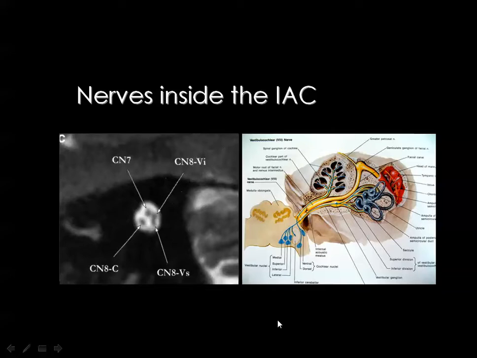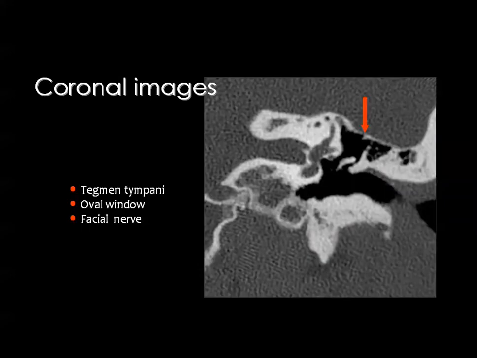In order to see the nerves inside the internal auditory canal, you should have the sagittal T2 weighted image for MRI. Then I have said that we should have axial and coronal images. The coronal images are important to see some structures, and these structures are 3.